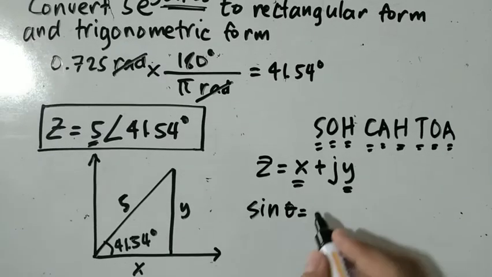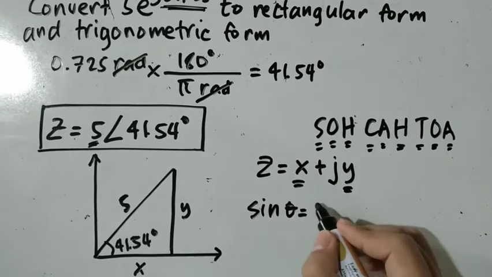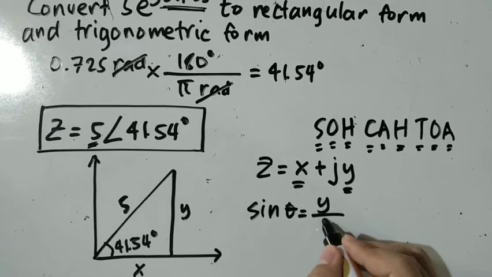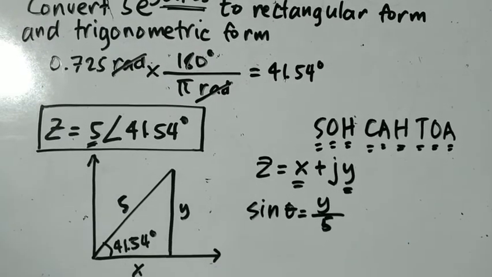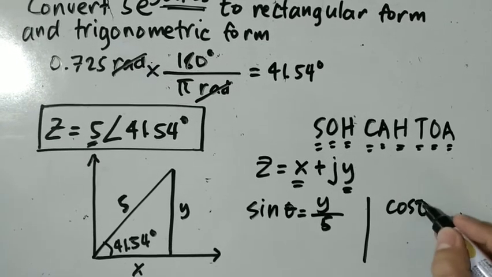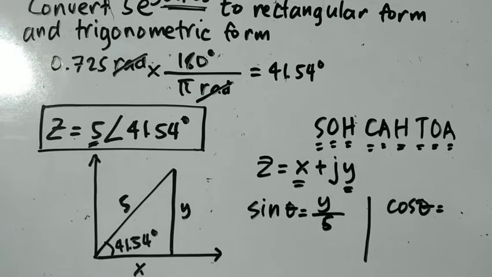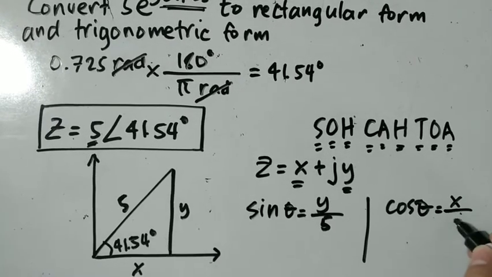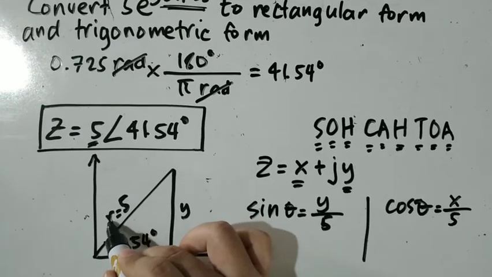So sine theta is opposite, which is y, over hypotenuse, which is r or 5. And another one, cosine theta is equal to adjacent, which is x, over hypotenuse, which is r. This is r, right?